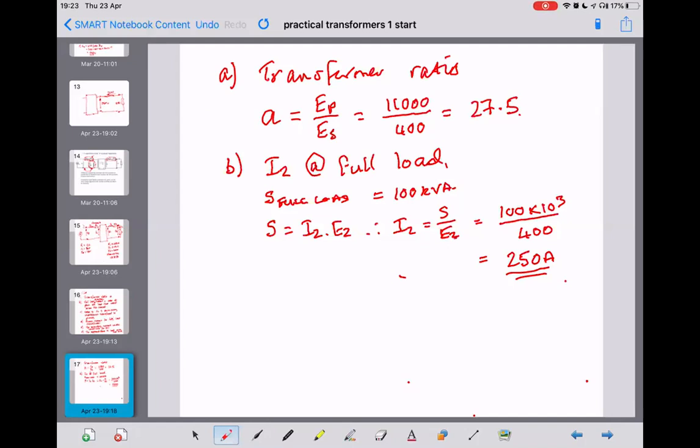Yeah, sorry, ES. I was trying to work out where I was. We haven't calculated E2 yet, have we?